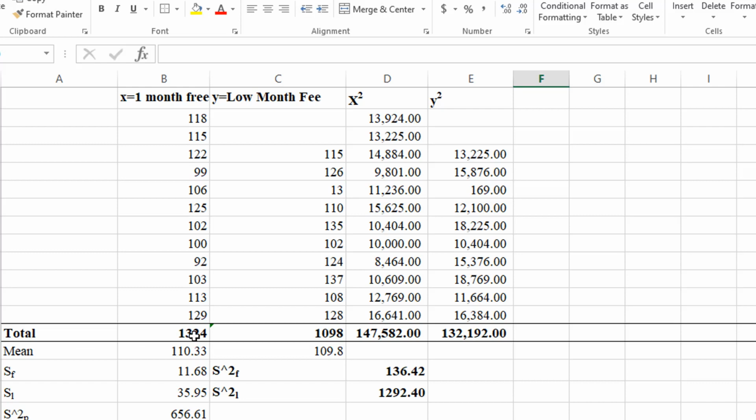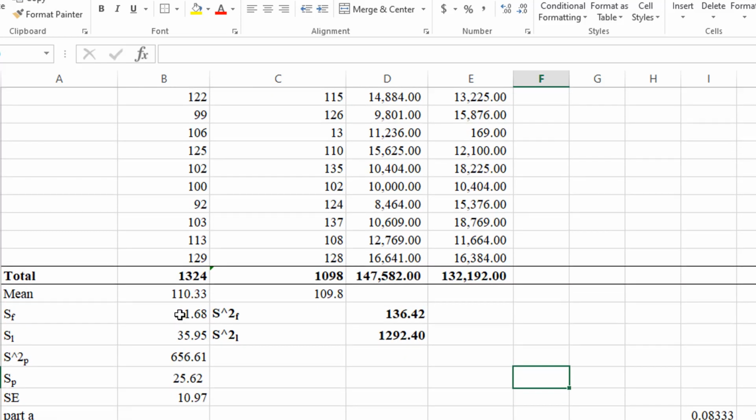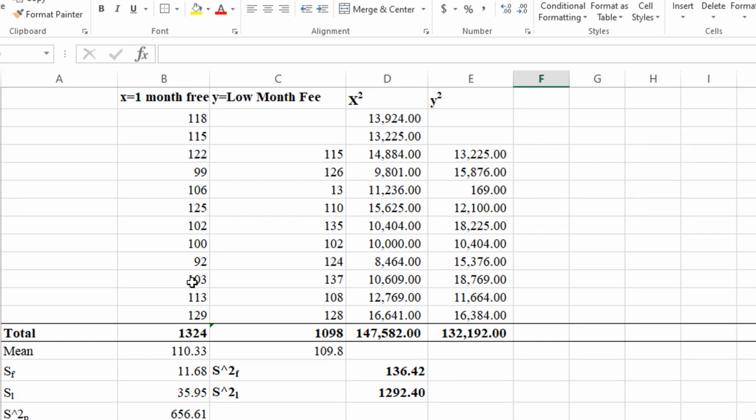The number of observations for column B is 12 and the number of observations for column C is 10, as per the given descriptions. I am taking the square of this column under the column D labeled x square, and the square of this column under the column E labeled y square. The mean is obtained by dividing the sum of the first column, or column B, by the number of observations 12, and this is obtained by dividing 1098 by 10.